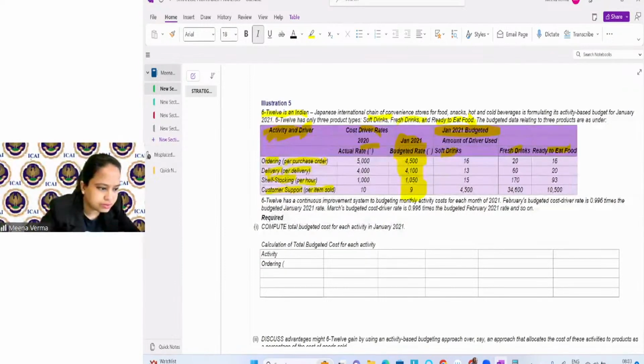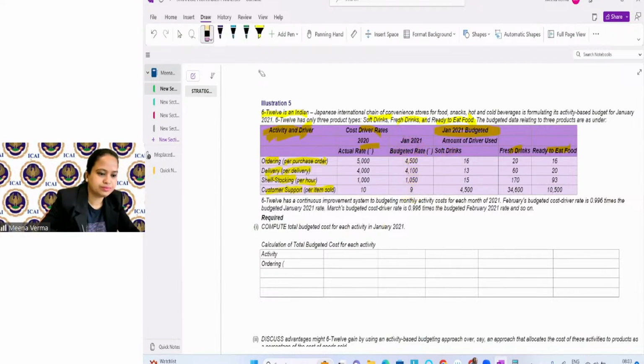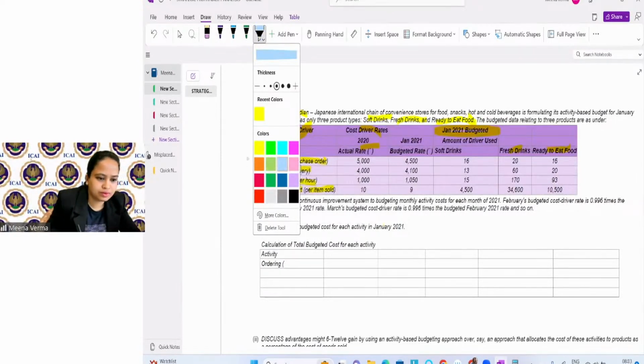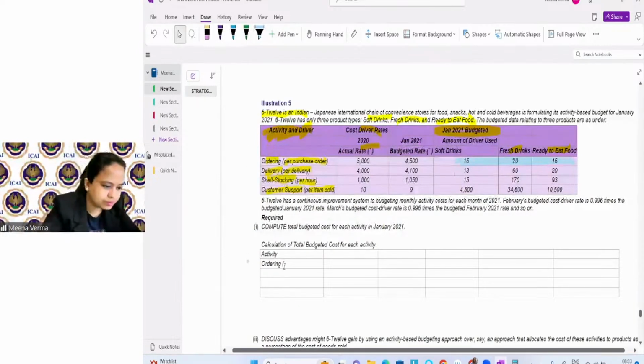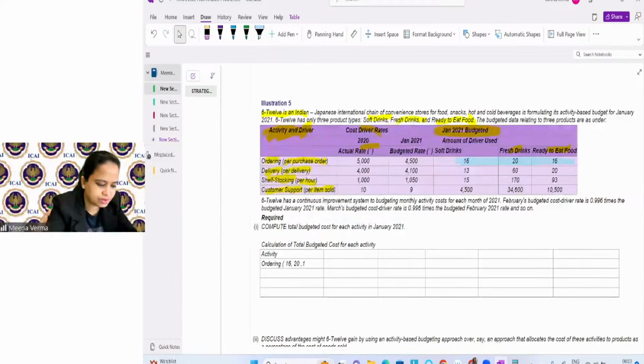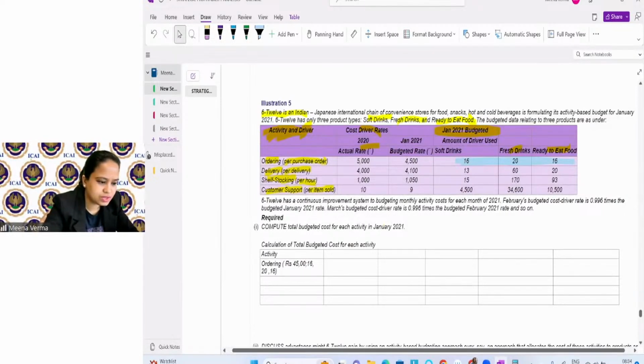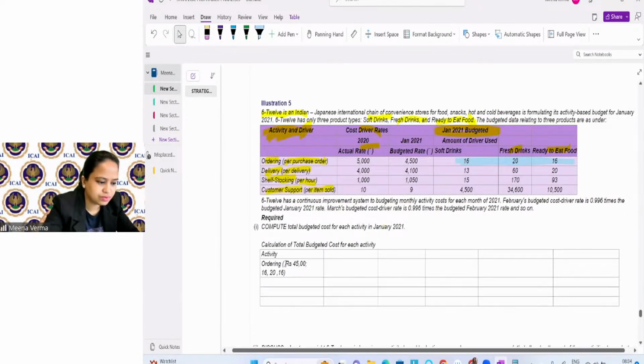See the purchase order given: 16, 20, 16 per purchase order. And what is the cost here? Ordering cost here is rupees 4,500. This is the cost here.